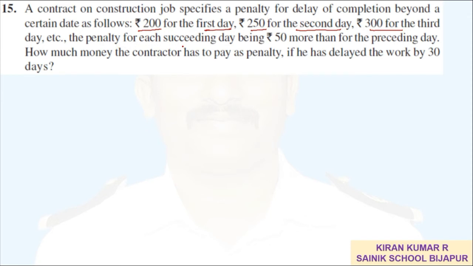The penalty for each succeeding day is rupees 50 more than the preceding day. How much money did the contractor have to pay as a penalty if he delayed the work by 30 days? So from this you can guess n value is 30.